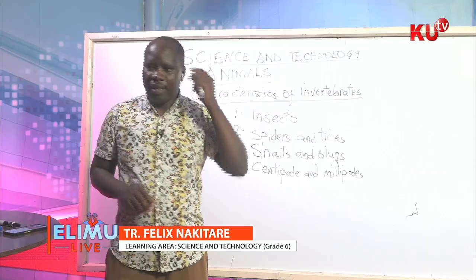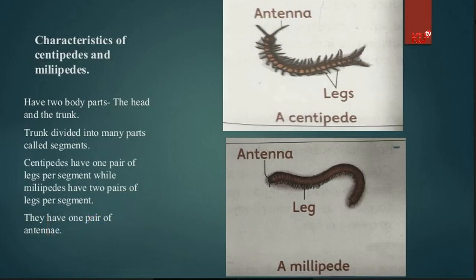And which are these two main parts? Remember, in spiders and ticks, their bodies are divided into two main parts, the head and abdomen. But in centipedes and millipedes, their bodies are divided into the head and the trunk.